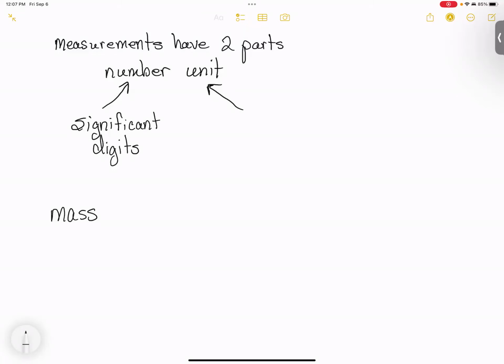Upstairs in our laboratories, we have balances. And these balances have been calibrated so that they eliminate that gravity factor so that you get a mass.